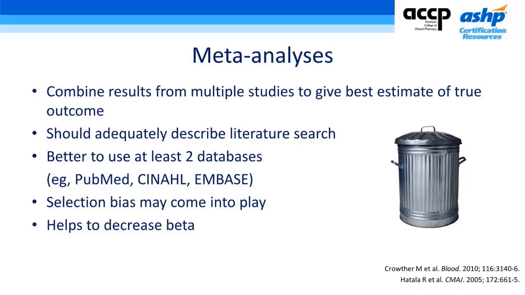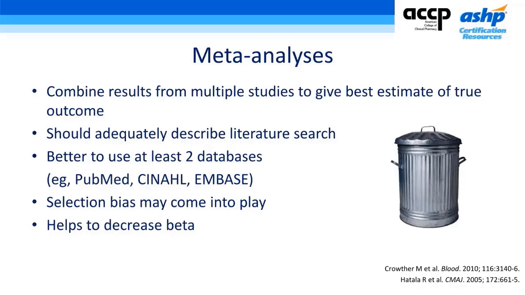Selection bias could come into play depending on how the authors included what trials in the meta-analysis. Hopefully they had a predetermined set of criteria and they had independent people assessing inclusion of each of the studies.